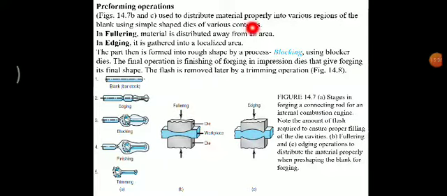distribute the material properly into the various regions of the blank using simple shape dies of various contours. Simply, if we have a particular shape like this, we can first make its blank drawing like this. So this is our raw material. First I will make it roughly to this size, not exactly but roughly, like this. So it is called an edging process.